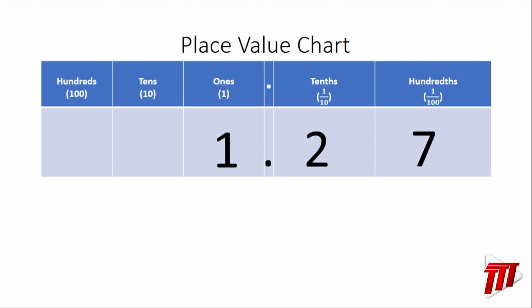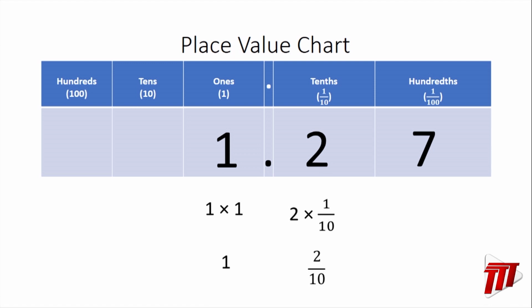If you are asked, what is the value of the digit 1 in that numeral? It is 1 times 1, which is 1. The digit 2, its value is not tenths, but 2 multiplied by 1/10, which is 2/10.